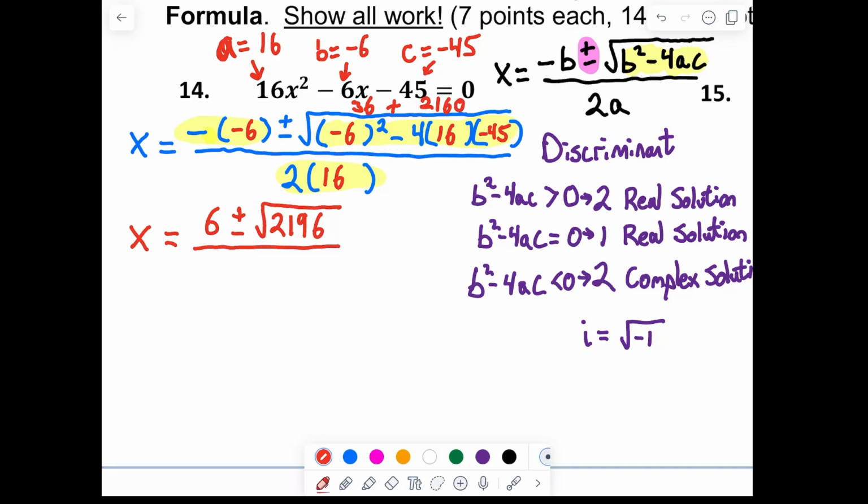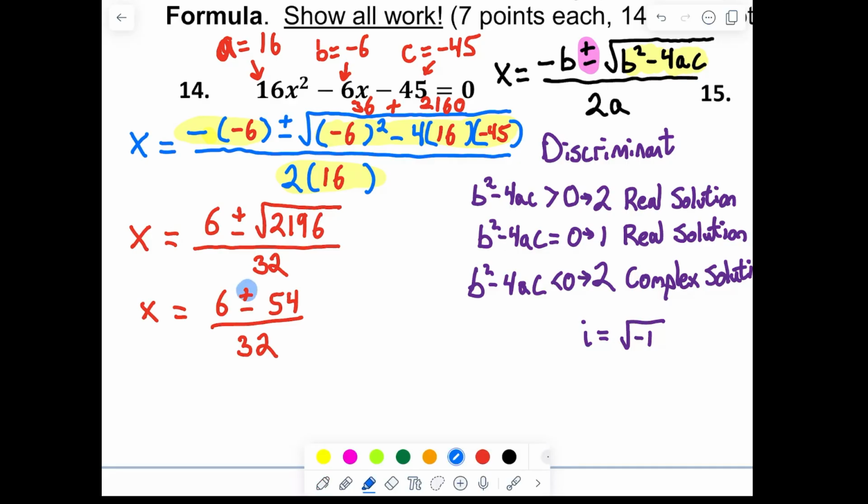Let's see, that was 180 times 16, and it's going to be positive. Was it 2,196? I think that's what we end up with. Square root of 2,196.